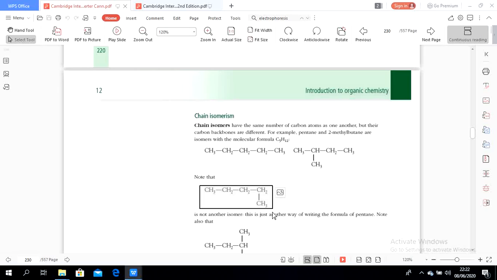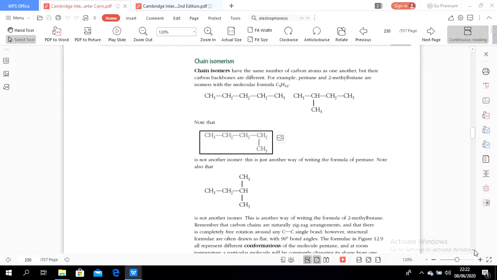If it is at the end, it would be the same as the straight aliphatic one. It's not another isomer. This is just another way of writing the formula of pentane. So this structure, pentane, this one is also called pentane. Both of them refer to the same structure.